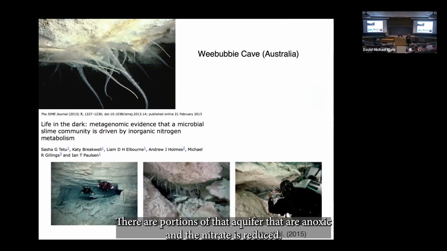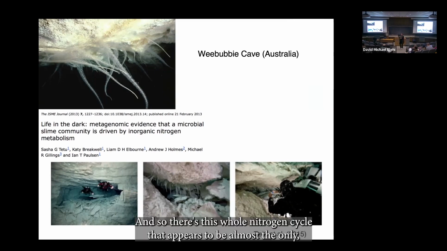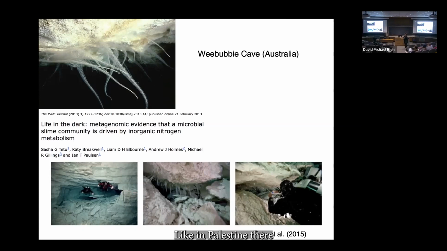There are portions of that aquifer that are anoxic, and the nitrate is reduced. And then there are other parts of the aquifer where the ammonium that results is reoxidized, and so there's this whole nitrogen cycle that appears to be almost the only thing really fueling this ecosystem. But it's very conspicuous. You know, it's like slime palace down there.